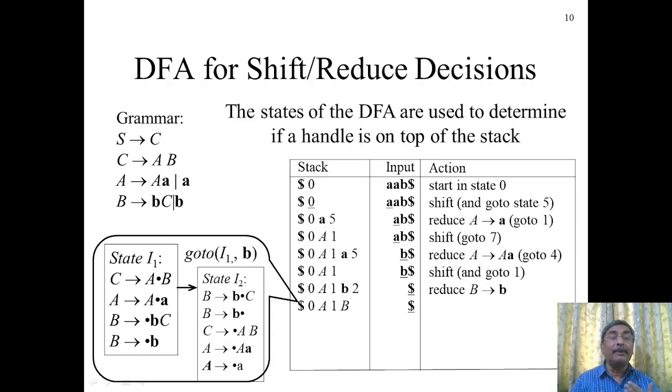So let me take a chance by reducing this small b to B and find out if I can proceed further. This could be one solution, but that solution is kind of trial and error. So we'll find out later on that we have a better mechanism to find out whether we should go ahead with shifting, or declare an error, or try with reduction.